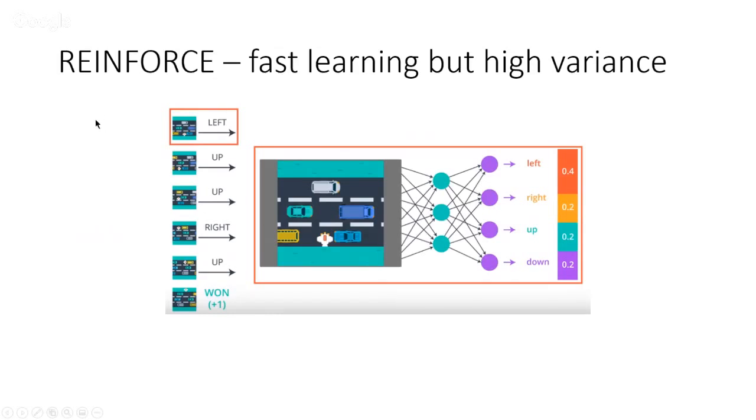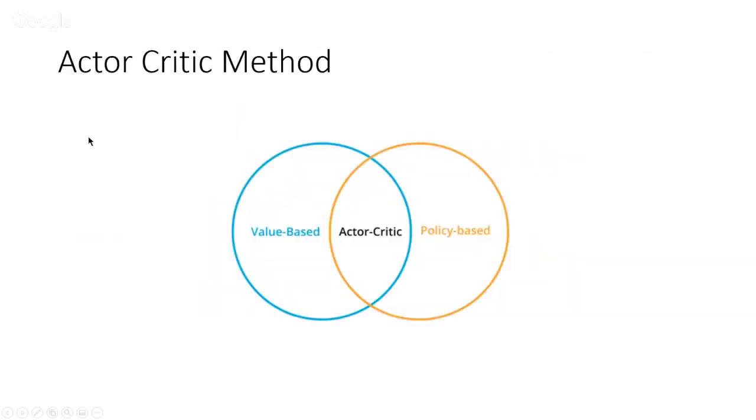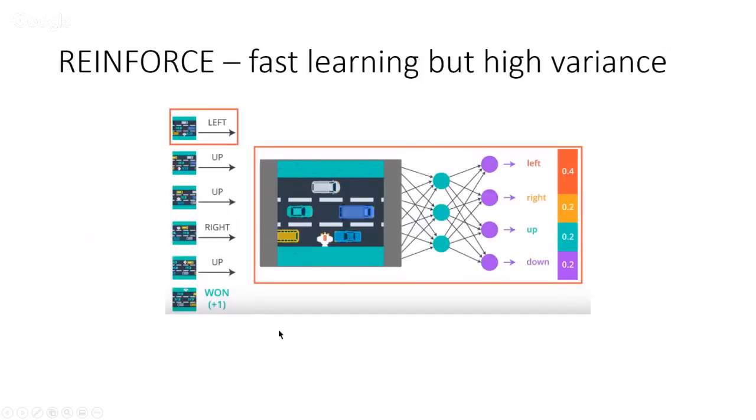So REINFORCE, now we saw REINFORCE in policy based methods, right? This is an example of why policy based method is a good actor. An agent that follows a policy based method will be a good actor here, because again, as I explained, the agent will look at the final outcome.